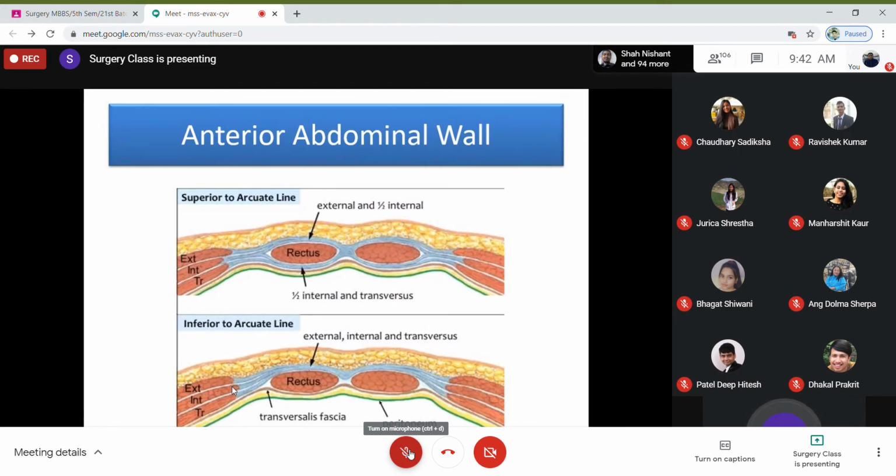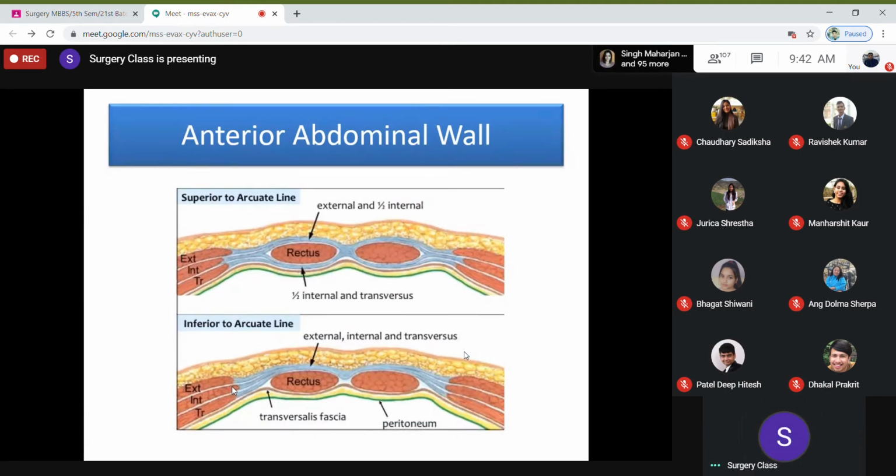So when you open the abdomen, above the arcuate line you have to open all these layers. But below the arcuate line, once you mobilize the rectus sheath, you will directly go to the preperitoneal fat and peritoneum. That's the difference in the anterior abdominal wall. Okay, you have to remember this.